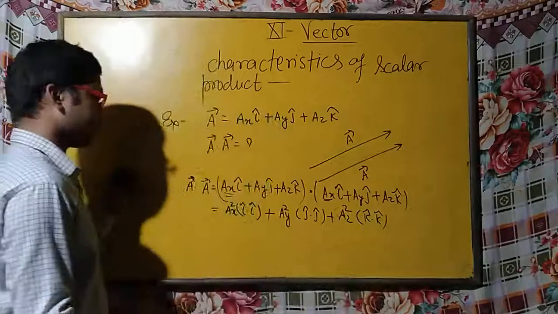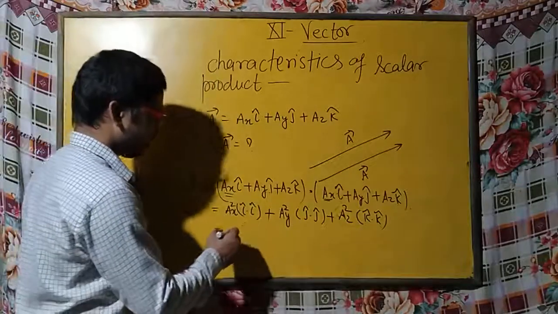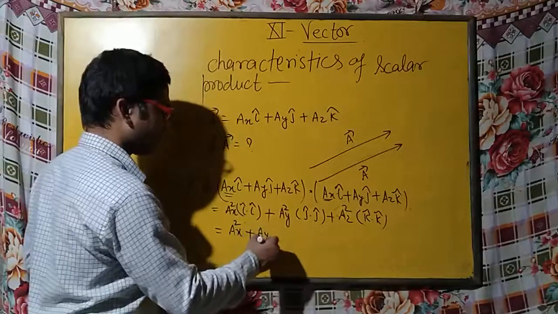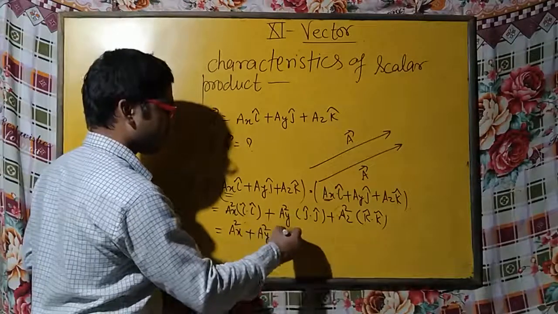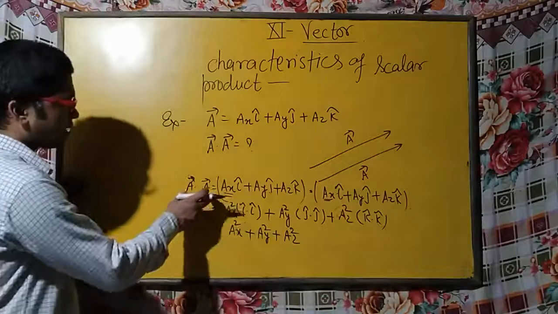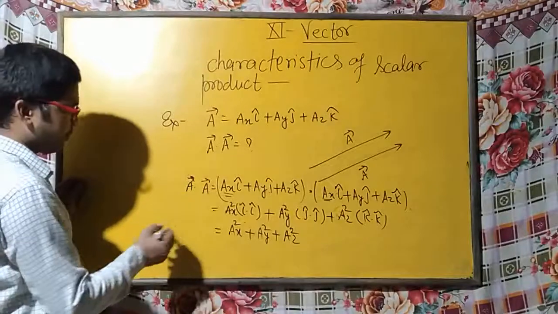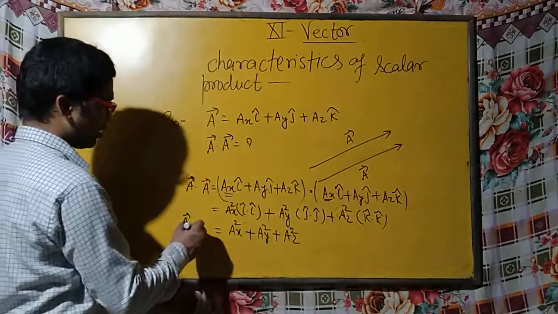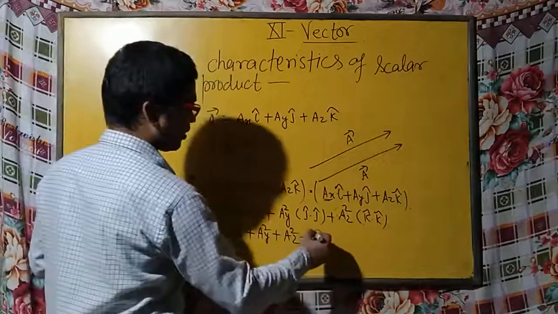You can write like this. So this value becomes ax square plus ay square plus az square. Here on the left hand side, you can write the magnitude of a. So you can write a dot a is equal to this one, equation number 1.